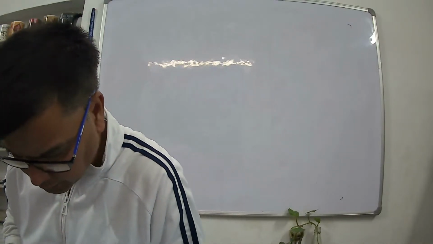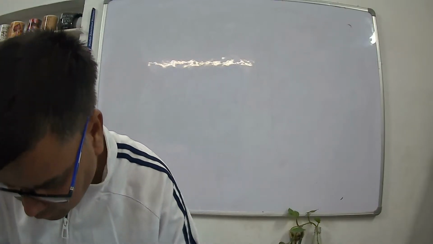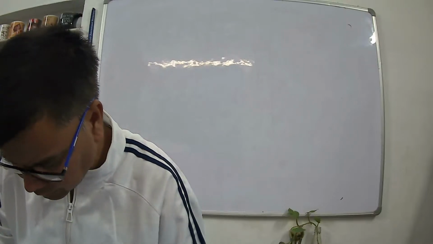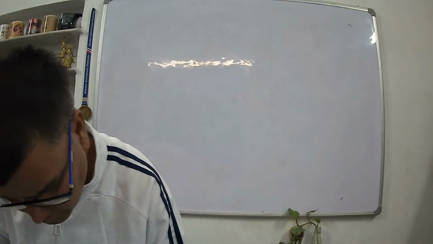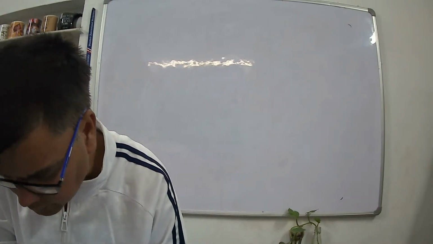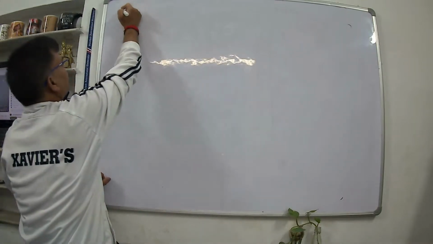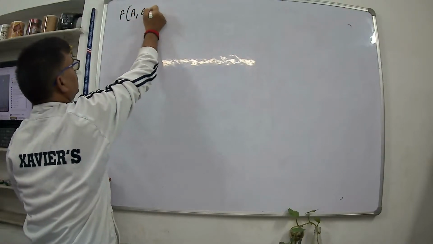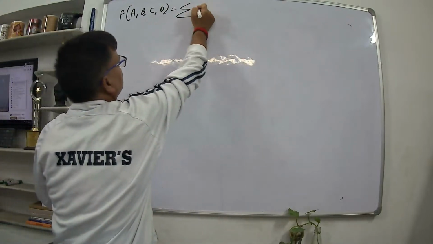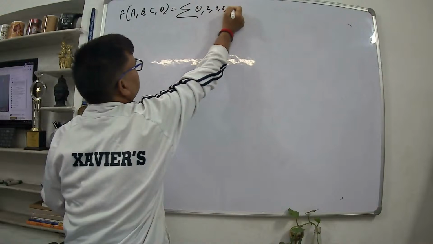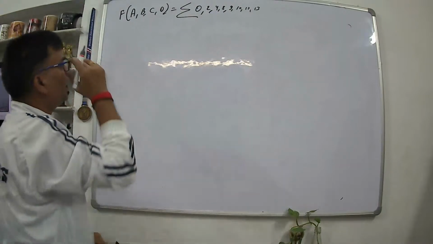Like if I say, the question is reduce the given Boolean expression using a K map: F(A, B, C, D) is equal to sigma 0, 2, 4, 8, 9, 10, 12, 13. I have to solve it.